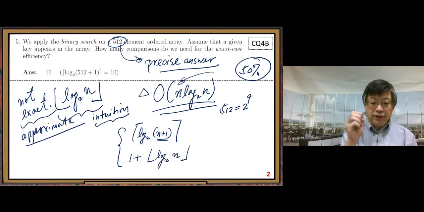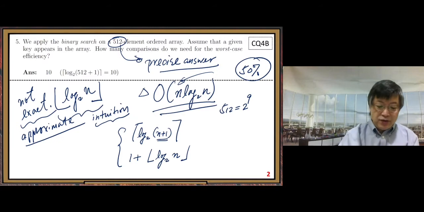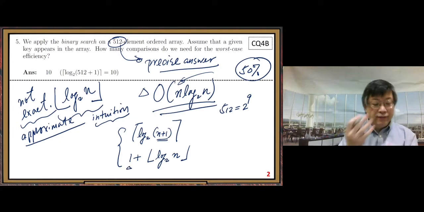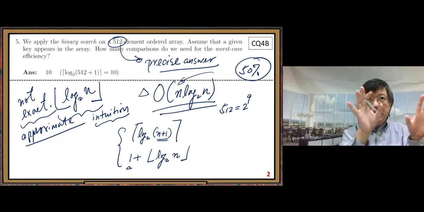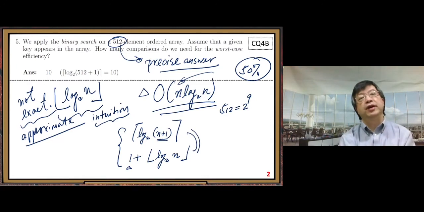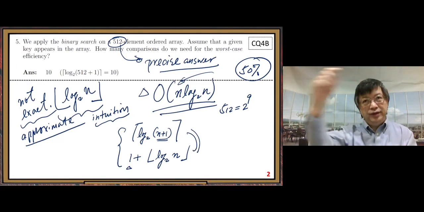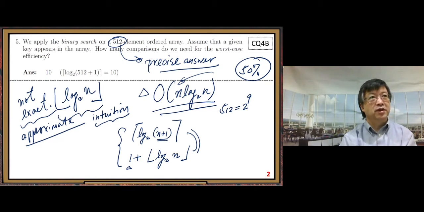This time you do not add the parenthesis, but you add this 1 outside of the floor function. Two versions, and we can show these two formulas are the same. You need to do some math calculation, and then you can get that.